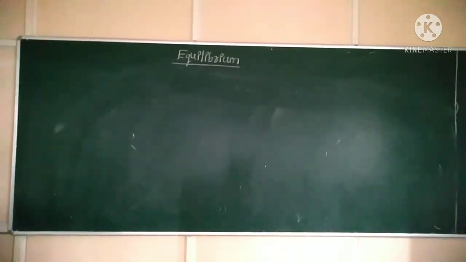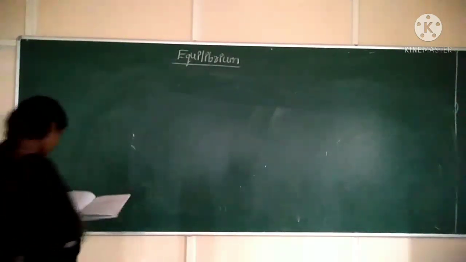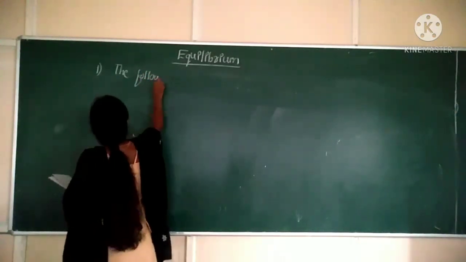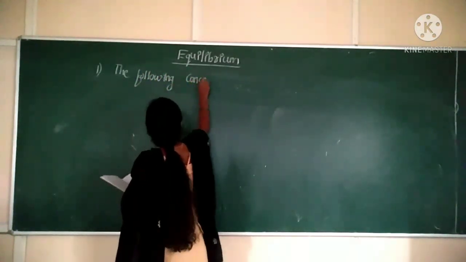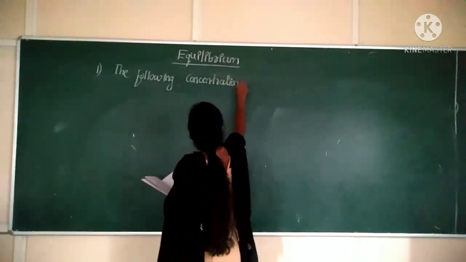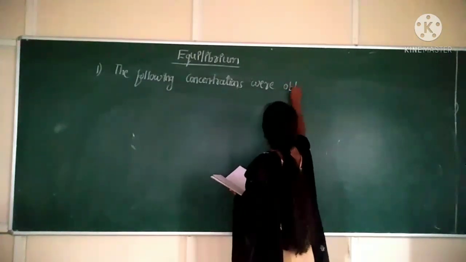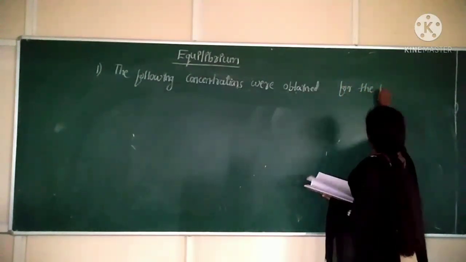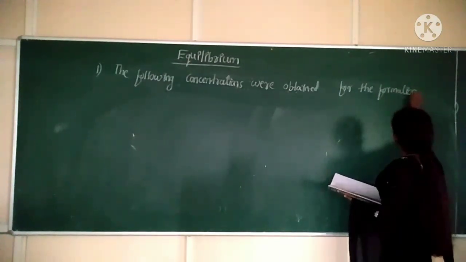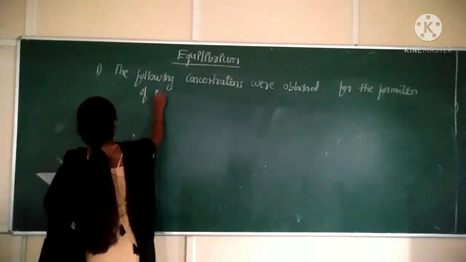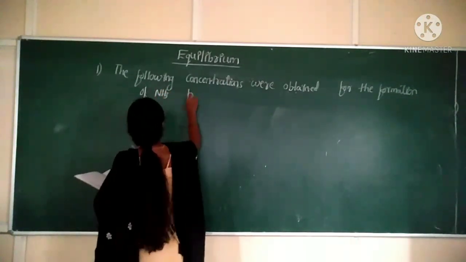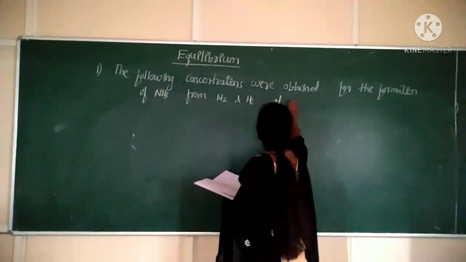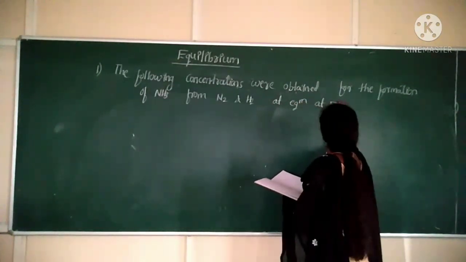Write the problem. Problem first. The following concentrations were obtained for the formation of NH3 from N2 and H2 at equilibrium at 500 Kelvin.